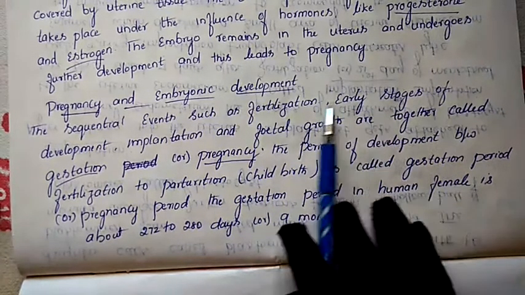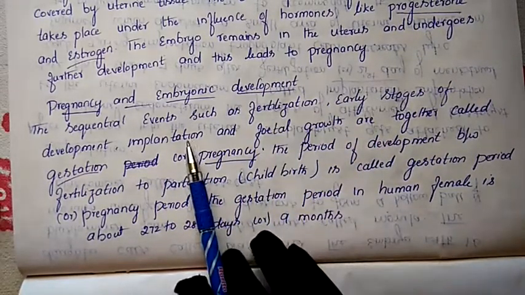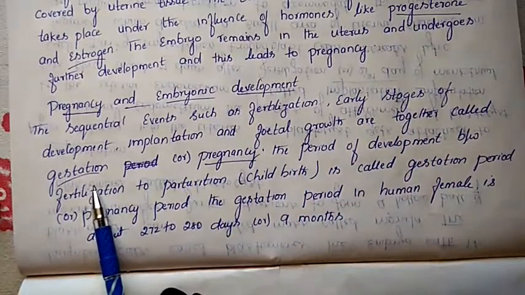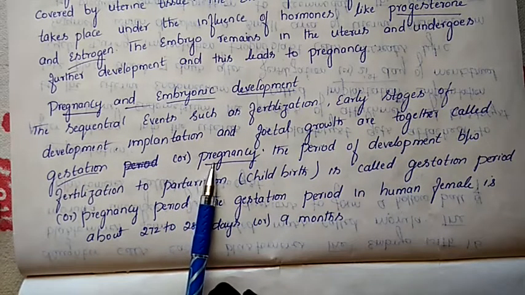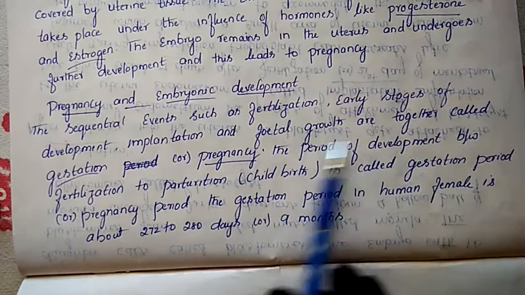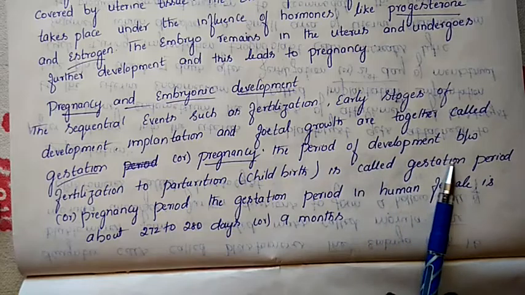This complete event, fertilization, early stages of development, implantation and fetal growth, together we call the gestation period, or pregnancy. The period of development between fertilization and parturition is called the gestation period.